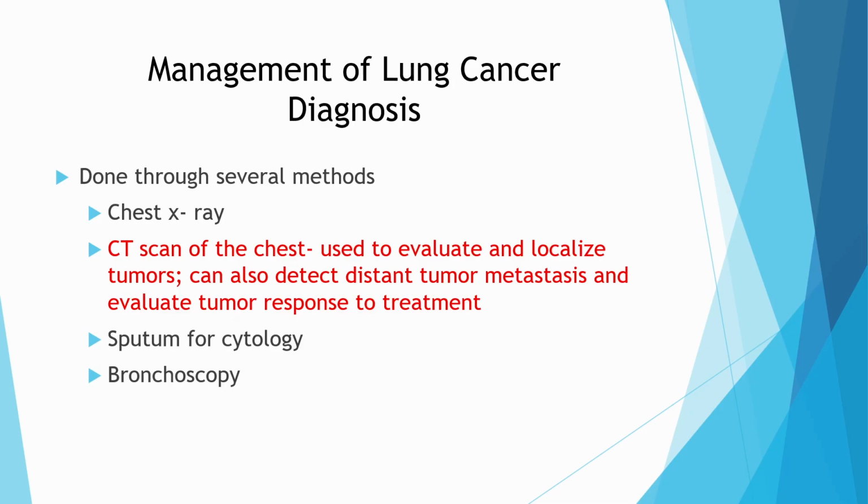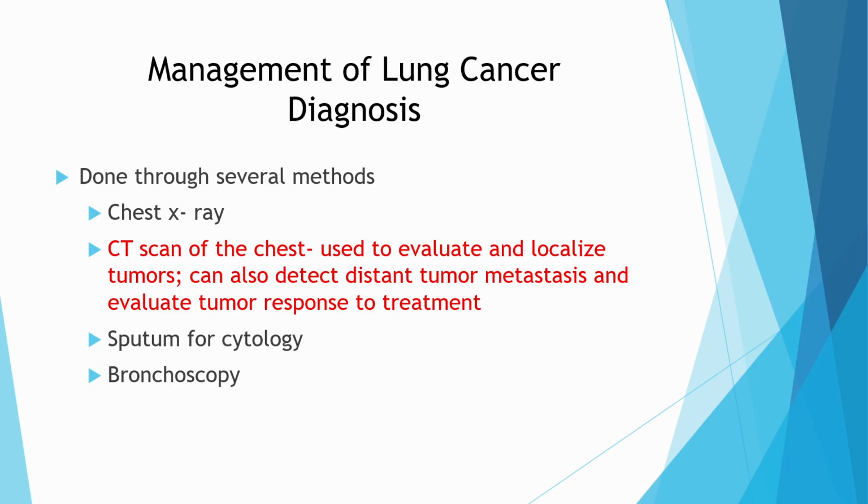So, diagnosis is done through several methods, the chest x-ray, and then now, ladies and gentlemen, listen up, and then listen up one more time. CT scan of the chest. This is used to evaluate and localize tumors.